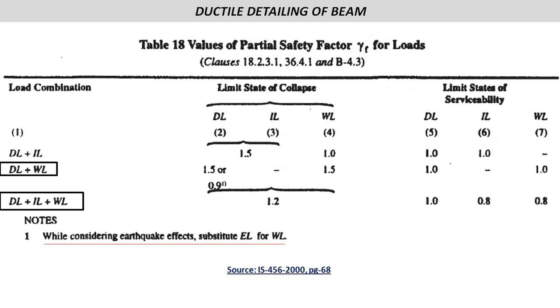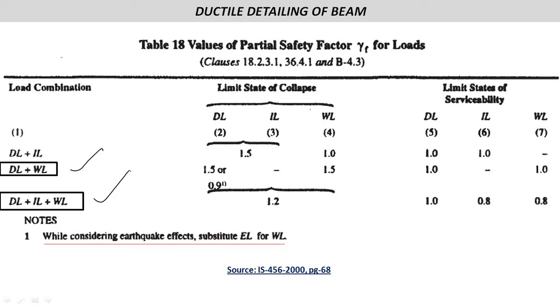Next step is the load combination. For load combination, you have to go to page number 68 of IS 456-2000, table number 18, which provides the values of partial safety factor for loads. In this, we have to observe these two load combinations, which have been highlighted in the black box.